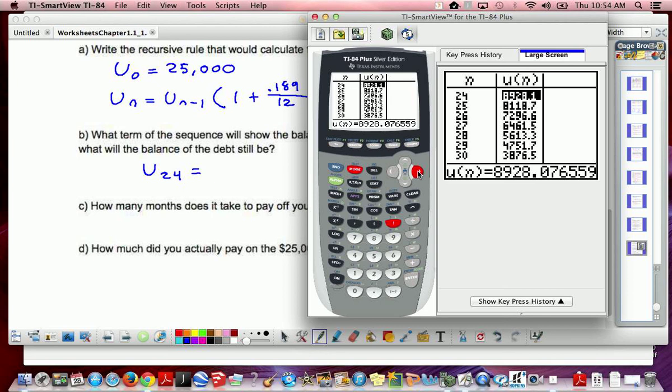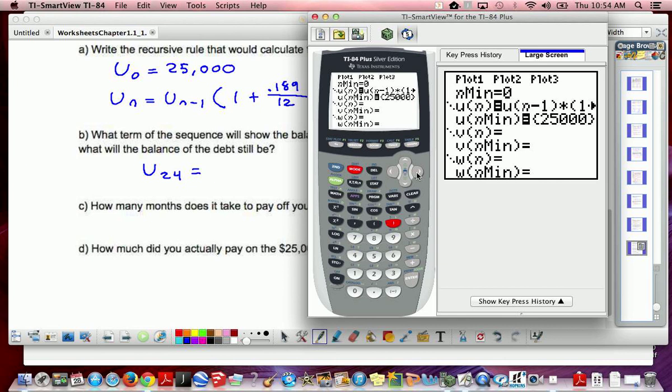Is that right? Let me just check something really quick with my y equals. I just want to make sure I typed in everything correctly. Divided by 12 minus 950. Okay, so that looks right.